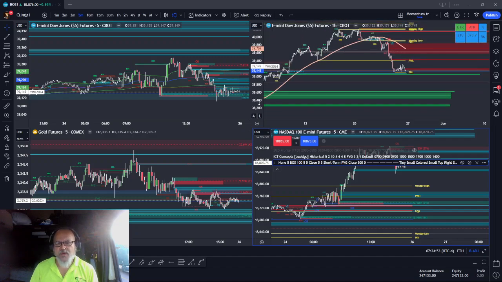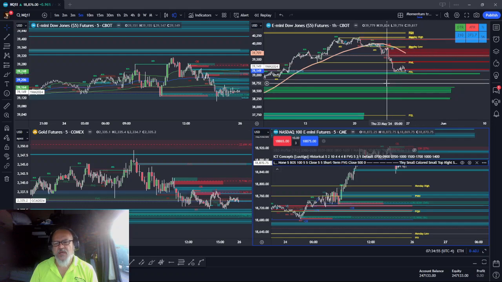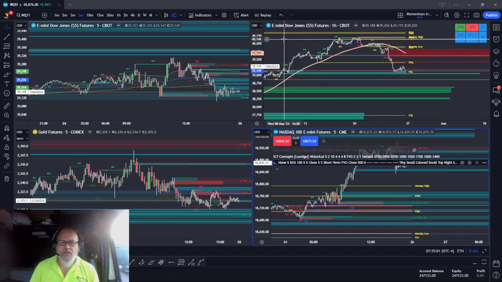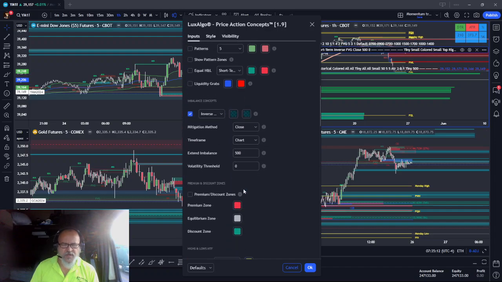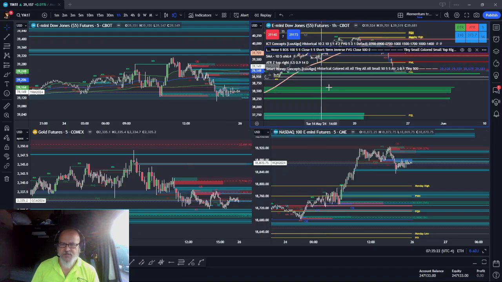But on the fair value gaps, let me see which one it is. I'm pretty sure it's the price action concepts, the paid one, that allows you to show inverse fair value gaps. And then the smart money concepts will give me just the regular fair value gaps.